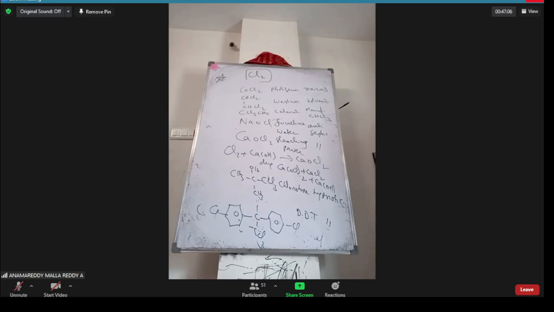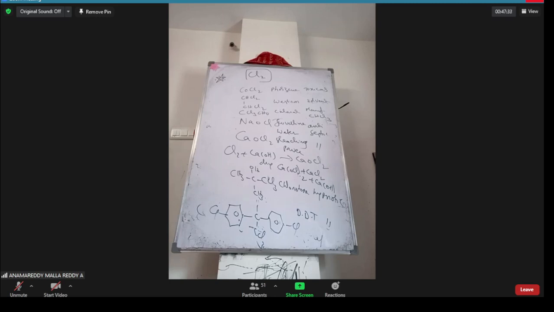Because, in organic chemistry, chlorine plays a very main role because fluorine compounds are somewhat explosive. That's why they don't use them. They will use chlorine compounds mostly instead of fluorine, because fluorine compounds are very difficult to prepare and some of the compounds are explosive.